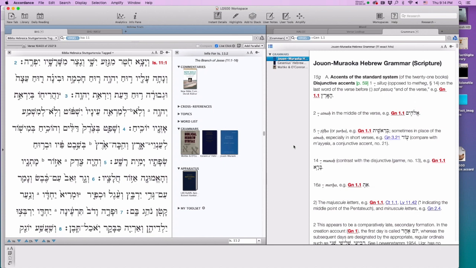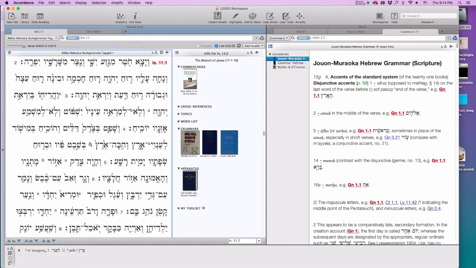When you have a text open in Hebrew, you'll notice that sometimes there will be little superscript lowercase letters.